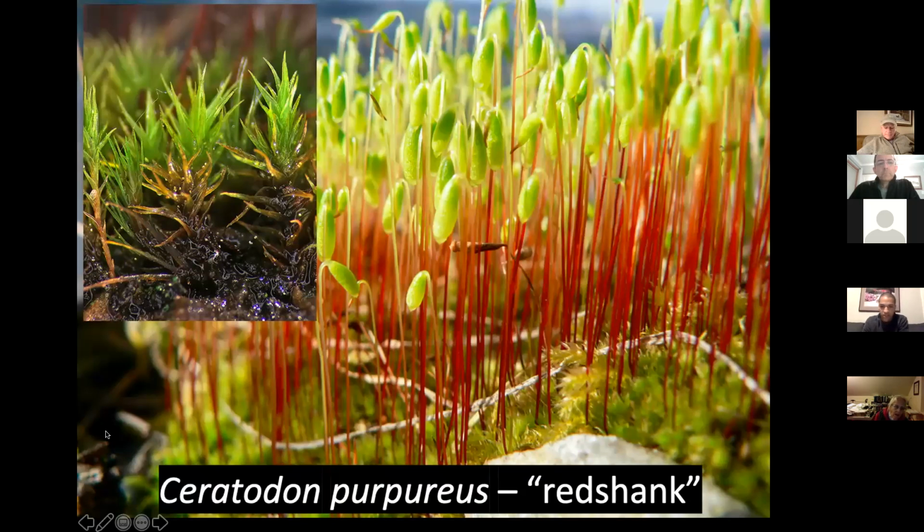Ceratodon. Even as far as mosses go, this one is pretty nondescript until it is in the sporophyte stage, and it just has this dense miniature thicket of bright red stems and these capsules that point over, so that makes it a lot easier to identify. But the base of leaves has this kind of pointy rosette.